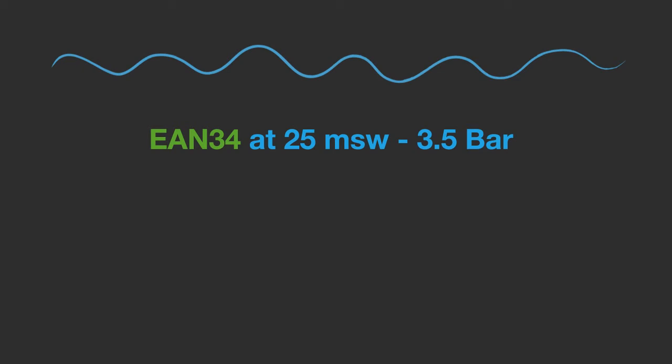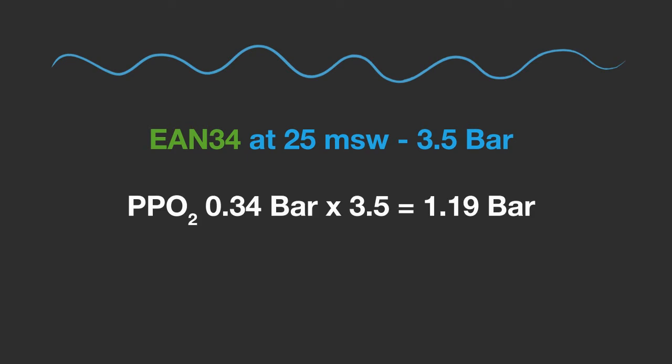If we dive with this blend of enriched air nitrox to a depth of 25 meters, where the pressure is 3.5 bar, the partial pressure of the oxygen will be 0.34 bar partial pressure of oxygen at the surface multiplied by 3.5 bar, the pressure at 25 meters, which equals 1.19 bar. This is safe.